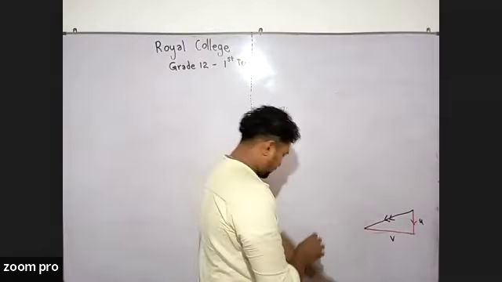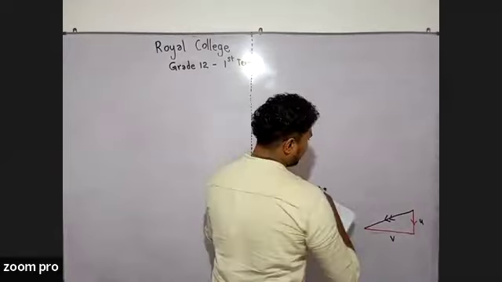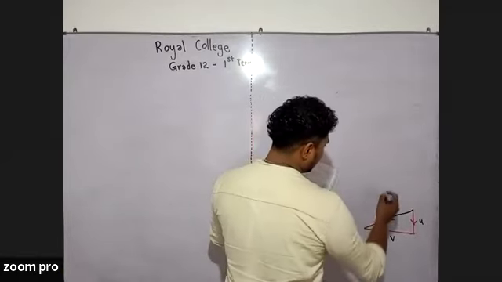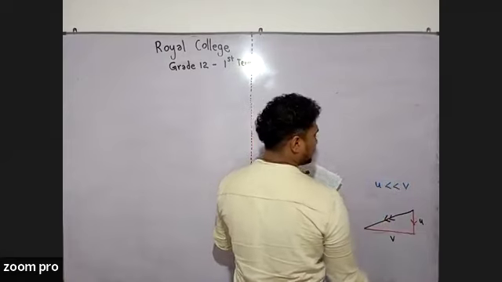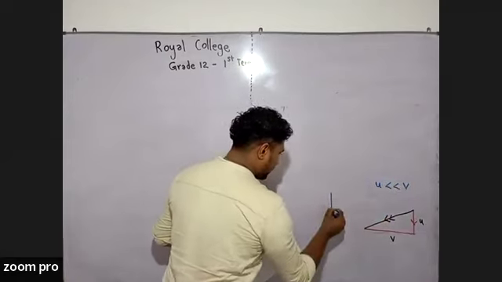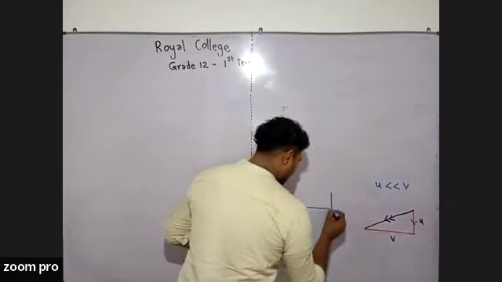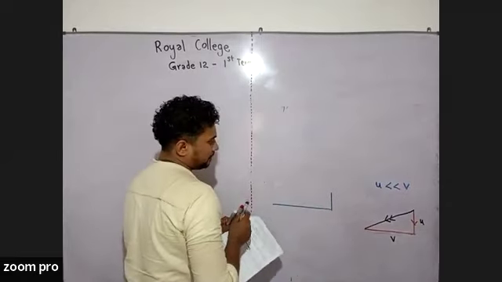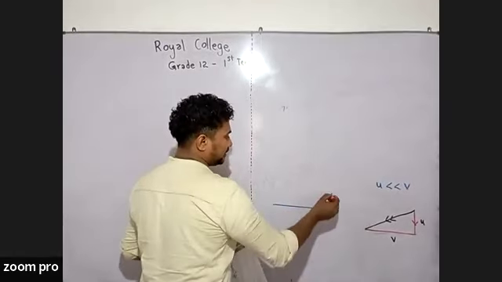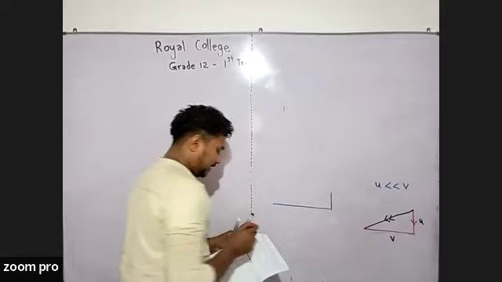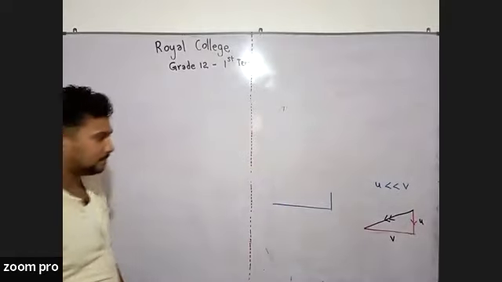Keep in mind that the question mentions that in the 13th question, u is lesser than b. So that's why this triangle should be like this. It should be like this one, right? So this side should be a greater value than the other one, according to this given data, right? That's the answer.